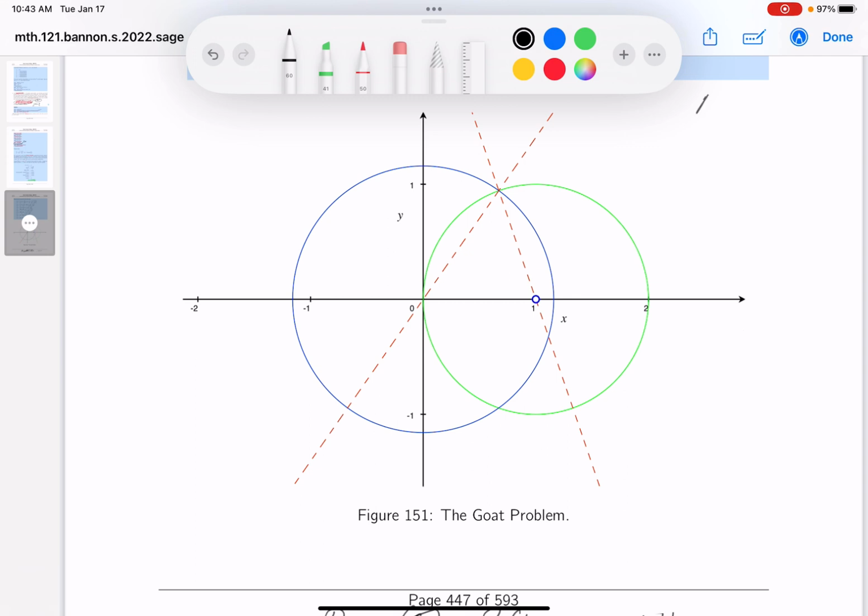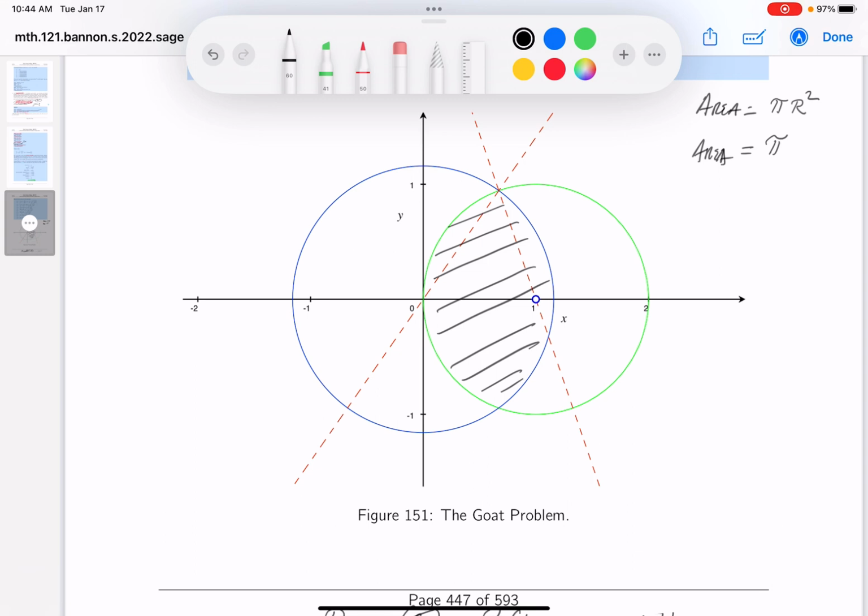So the area of the green field is going to be what? Pi r squared. What's the radius of that field? It's 1, so it's going to be pi. That's the area of the green field. But I just want half of it. So I wanted to communicate to you again that what we want the goat to eat is half of the field.